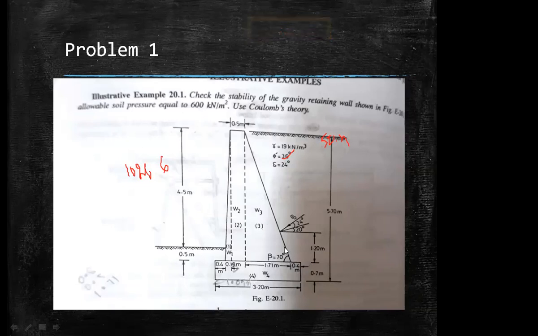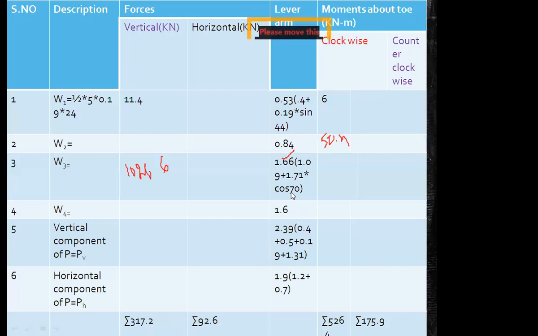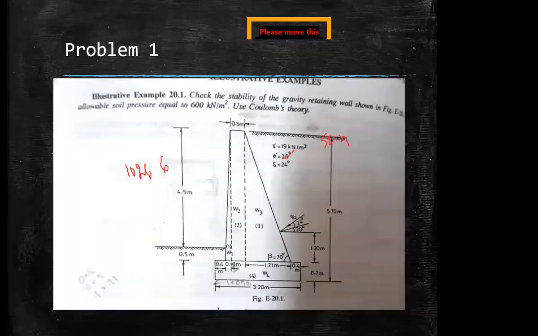1.71 into cos 70, that you need to consider. 1.71, because it is a triangle and here the angle is 70 degrees, and as this is the adjacent component. So 1.71 cos 70, not 1.71 directly. 0.4 plus 0.19 plus 0.5 plus 1.71 cos 70.